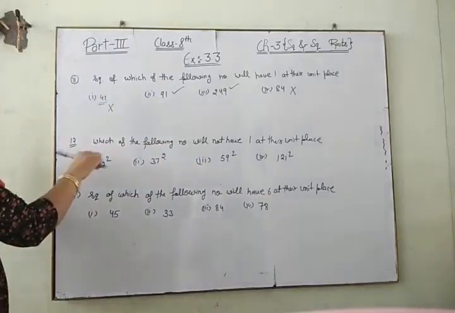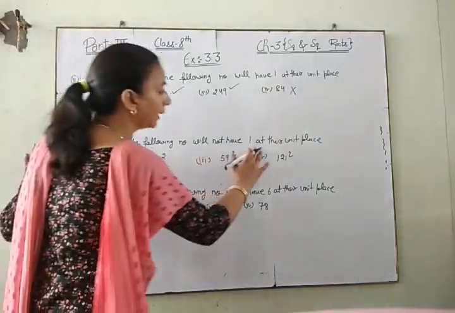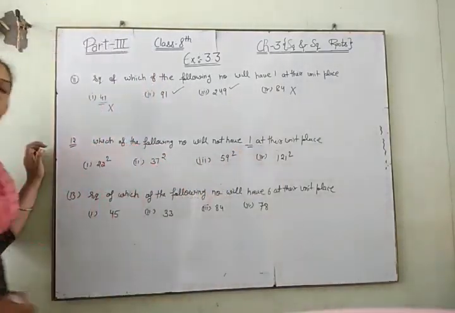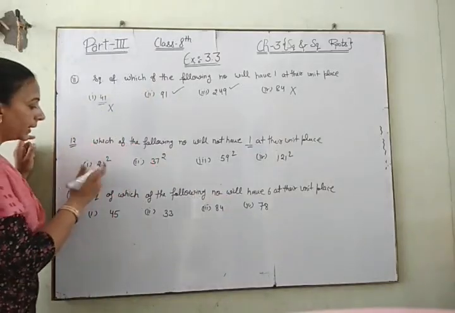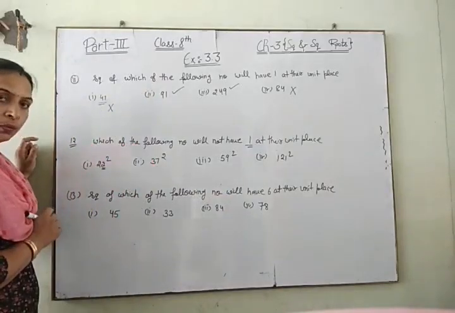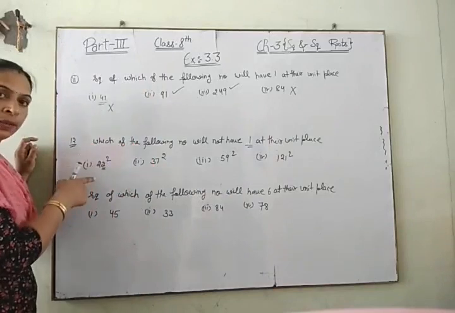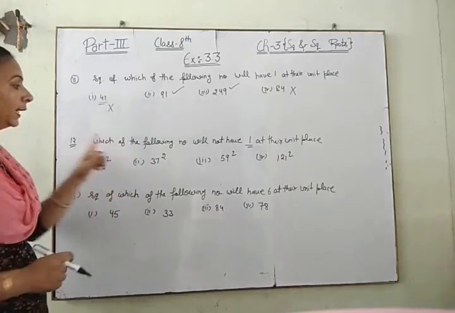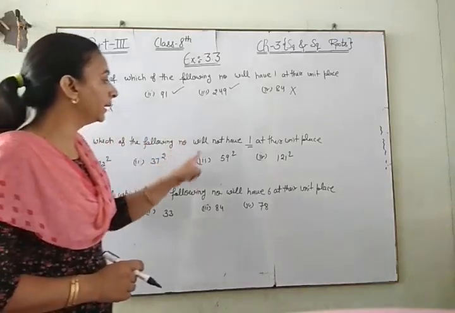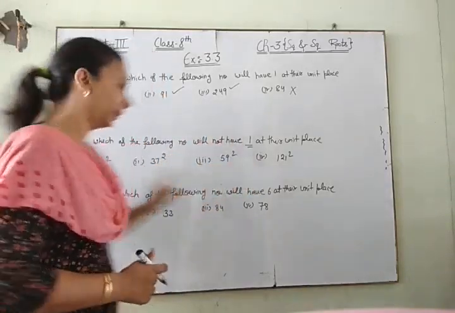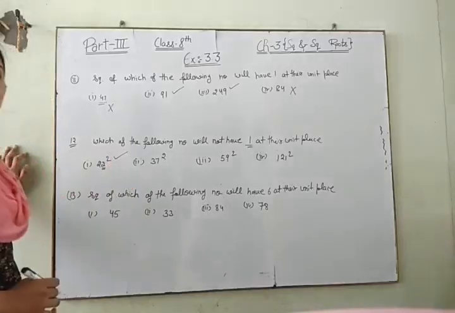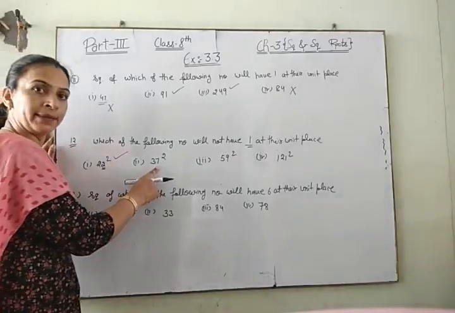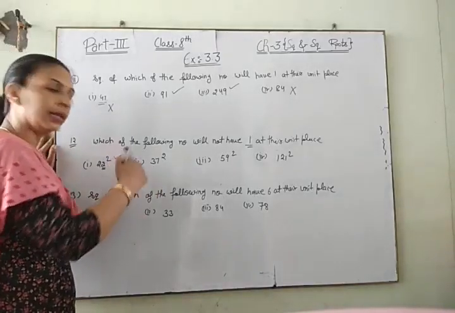Next, which of the following numbers will not have 1 at the unit place? The square of this number ends with 2, so the unit place of this square is not equal to 1. In this question, which of the following numbers will not have 1? So we take this number, which ends with 7, then the unit place is not equal to 1.